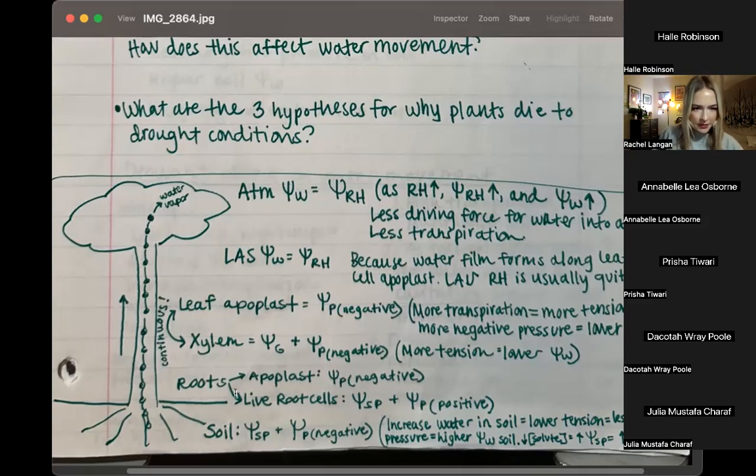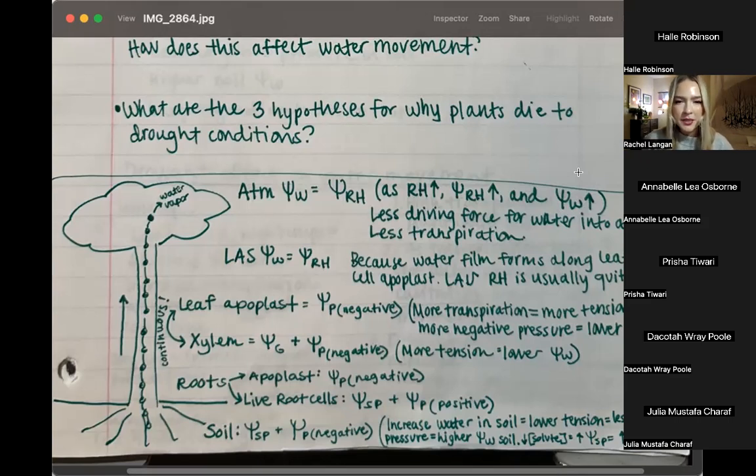Okay, so we'll start from the top and go to the bottom. So the atmosphere or air water potential is influenced by relative humidity. That's the only part of the equation relevant. And the idea is as relative humidity increases, the relative humidity potential increases, and that causes the water potential to increase. So what does that mean for water movement?